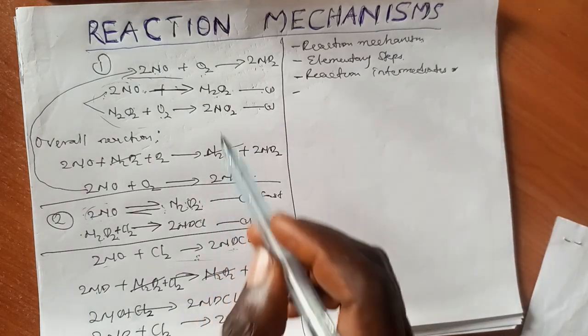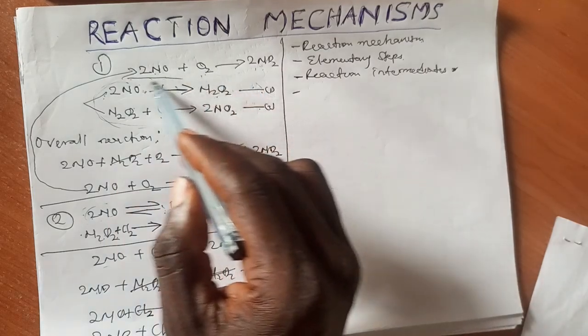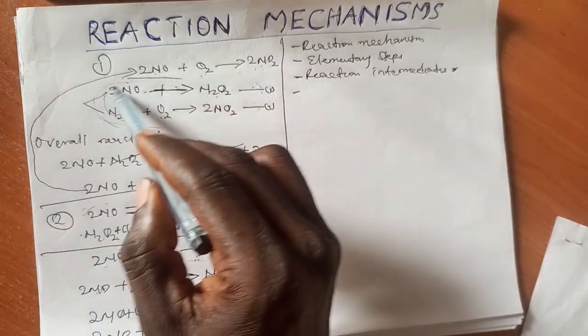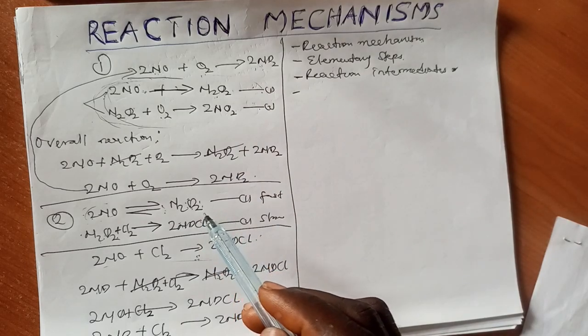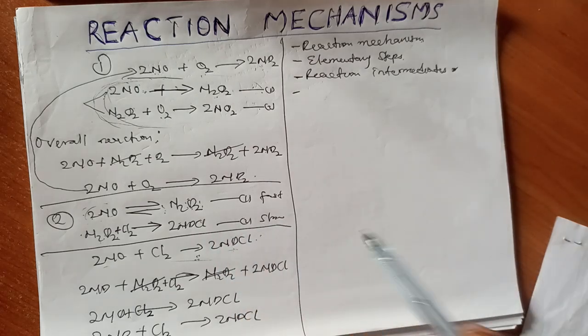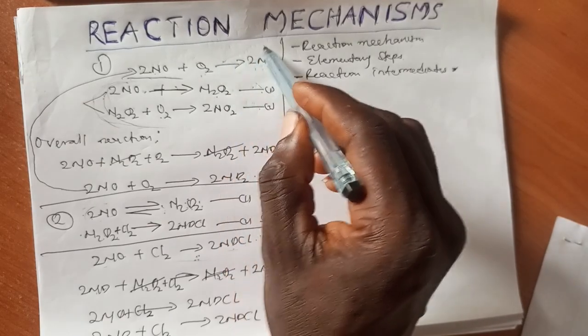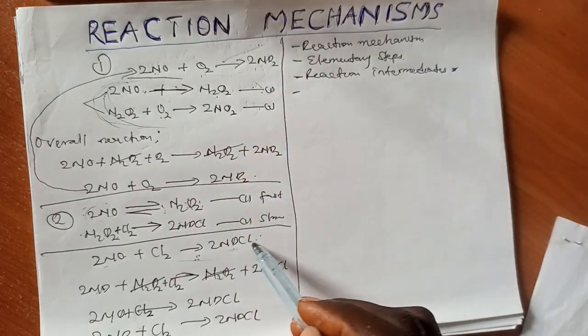So in here, the reaction intermediate is present here. I'm going to point it out later. Here, you can find it in the mechanism of the reaction. You should not find it in the overall reaction. This is the overall reaction for this one.